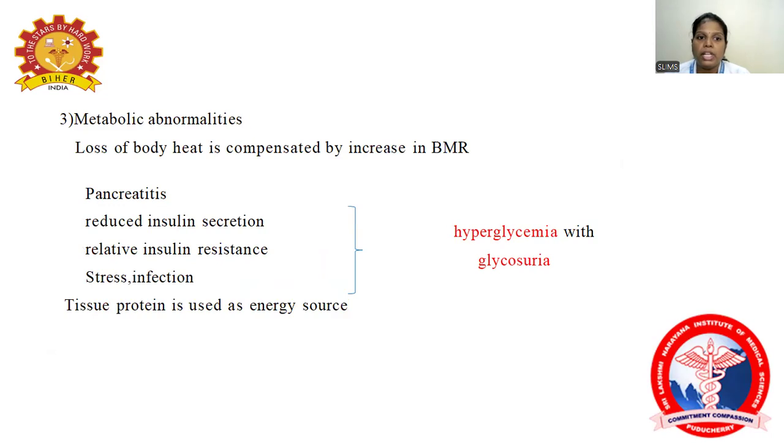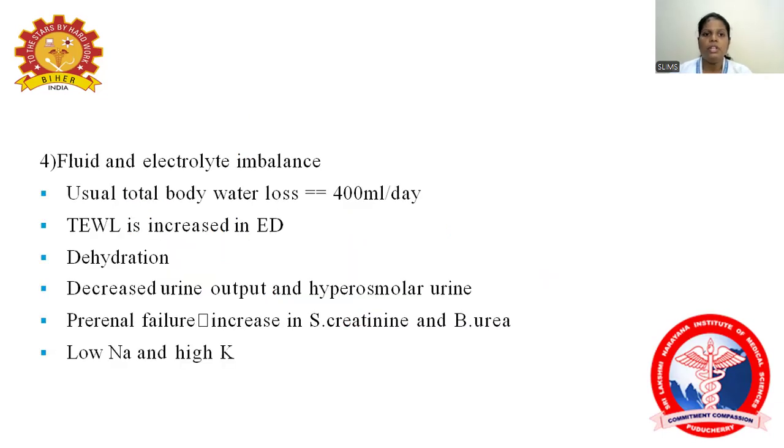Coming to the metabolic abnormalities, loss of body heat is compensated by an increase in basal metabolic rate, with reduced insulin resistance and secretion; stress and infection can lead to hyperglycemia with glycosuria. Tissue protein is used as an energy source. Then fluid and electrolyte imbalance.